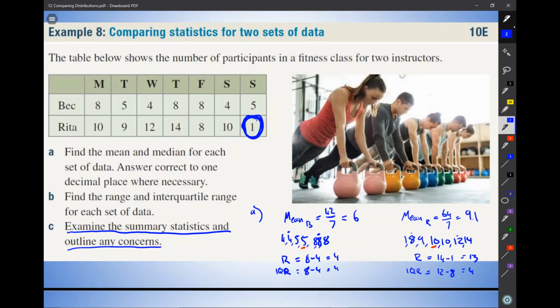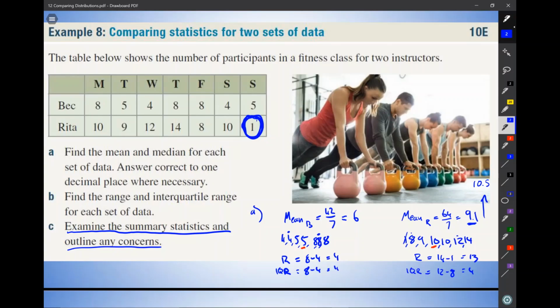Because if you ignore the Sunday class, her mean participation goes up from 9.1 all the way to 10.5, which is a pretty significant increase. If you ignore the 1 here, the range becomes 6, not 13.